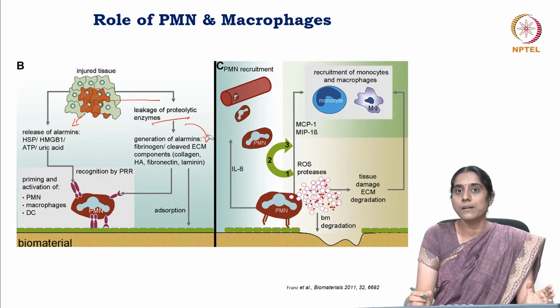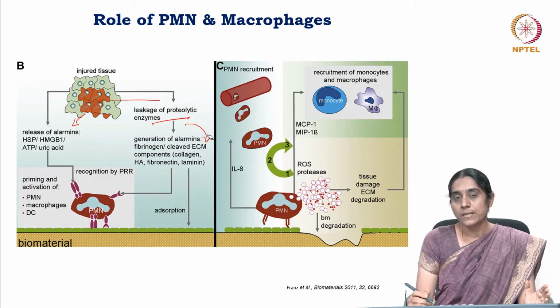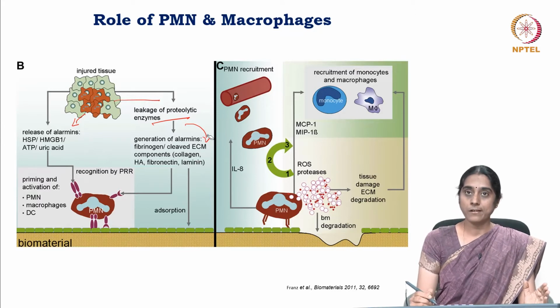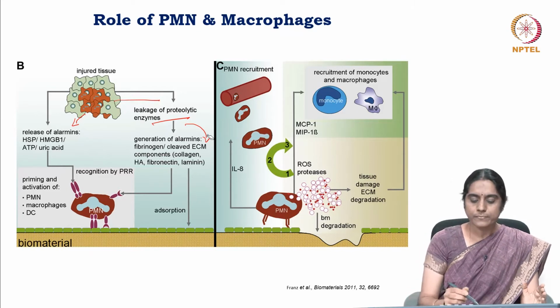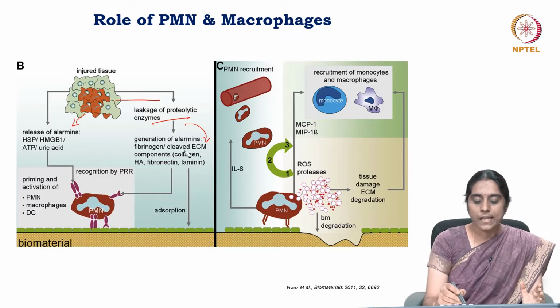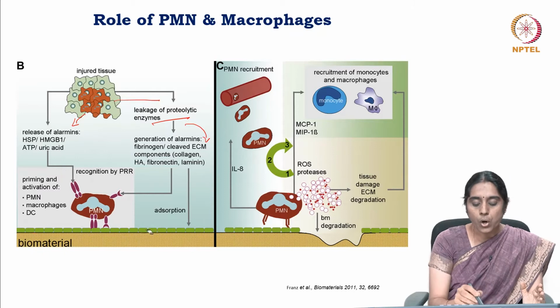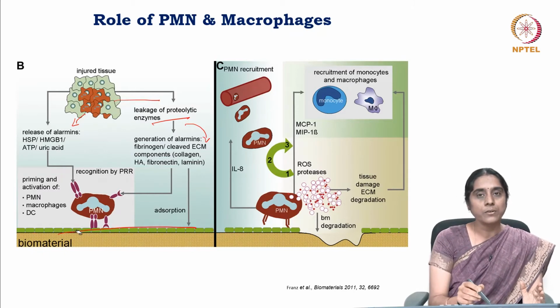Alarmins are proteins released during tissue injury, which help the body recognize that an injury has happened at a particular site. These cleaved ECM components will be adsorbed on the biomaterial, priming the neutrophil.